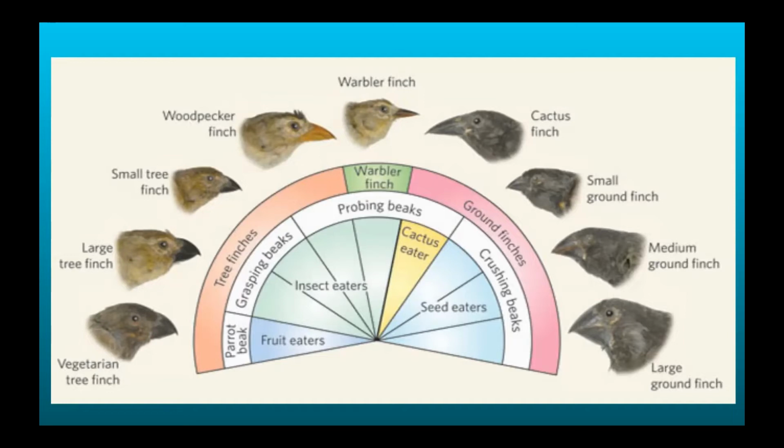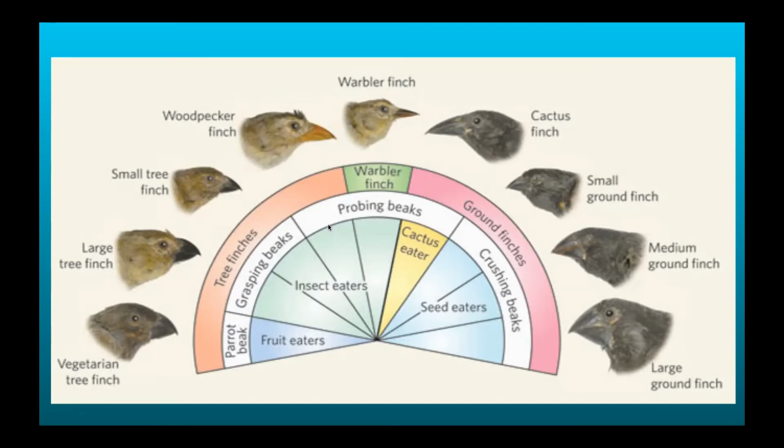So depending on what they ate or what they looked like, that natural selection process kind of changed what those birds looked like, creating the different species. So depending on what they ate, some of them were fruit eaters that he saw, and they would have a certain kind of beaks.